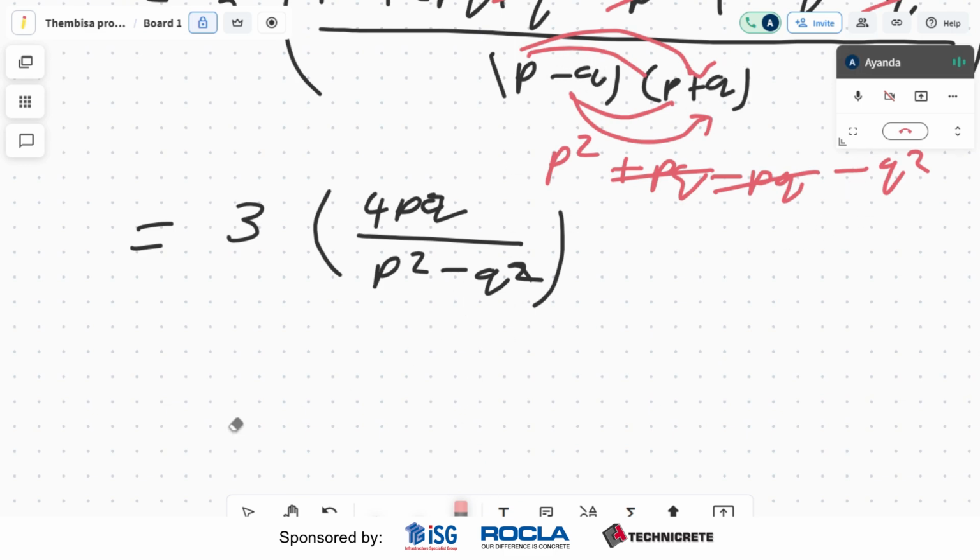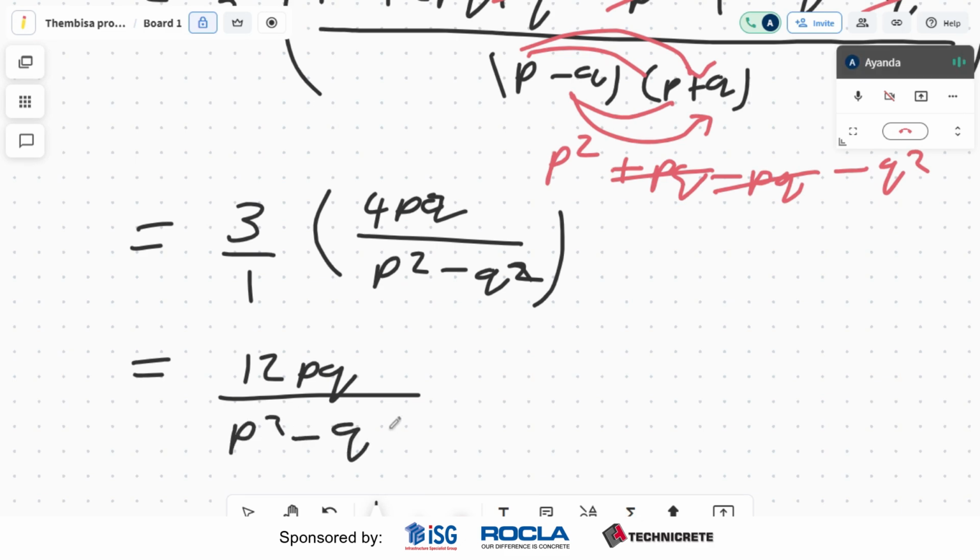So that gives us minus q². So this is, remember, 3 can be written as 3 over 1. So 3 times 4pq gives us 12pq. And 1 times p² − q² is just p² − q². And that's our final answer.